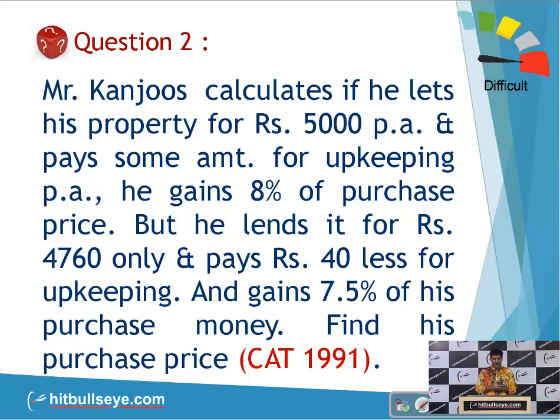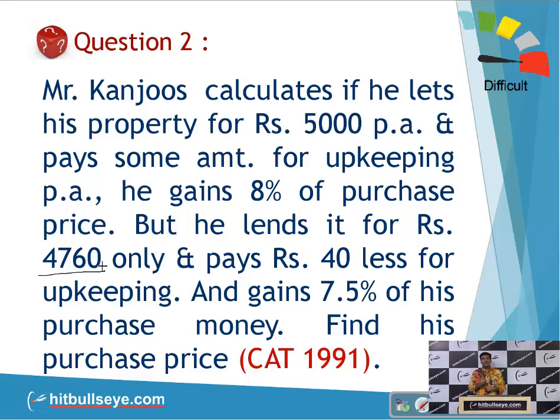Now in the second scenario, if he lends it for 4760 only, that is rupees 240 less, and pays rupees 40 less for upkeeping, so he is spending 40 less for the upkeeping of the house. So in a way we can say that he is only losing rupees 200.